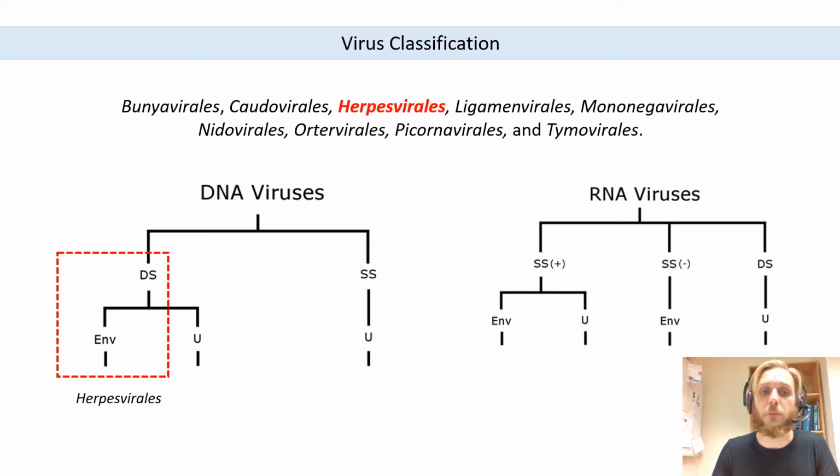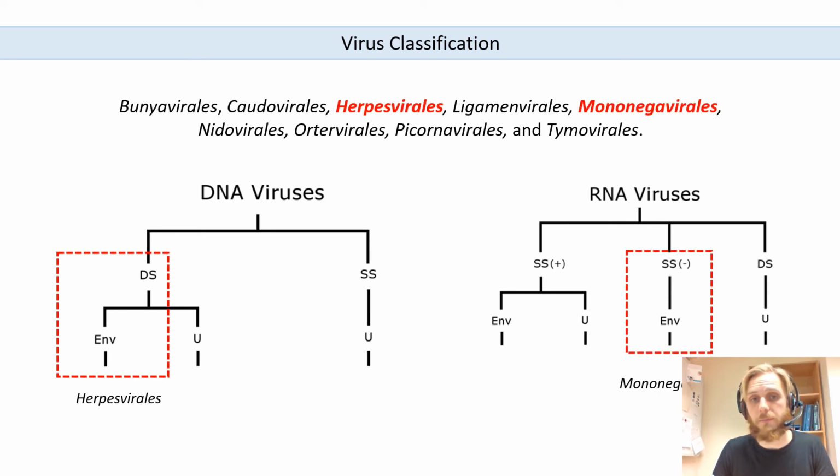If, for example, we have a look at Herpesvirales, they tend to group around here. So members of the Herpesvirales order are DNA viruses. They have double-stranded genomes and they are enveloped. Same for Mononegavirales. These are RNA viruses with negative single-stranded genomes and they have an envelope.